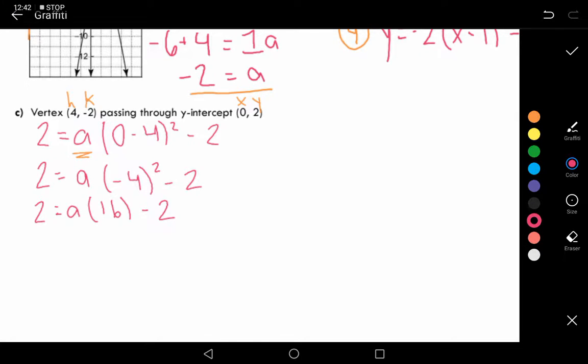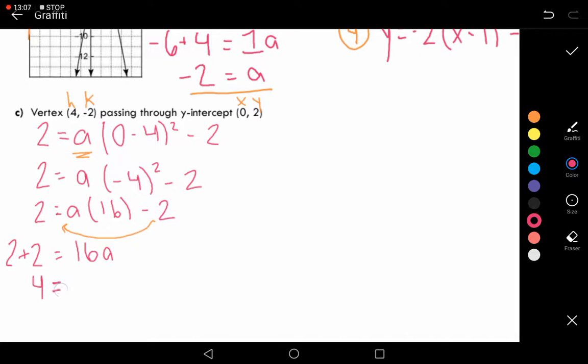Because that's not following BEDMAS. Technically, you have 16 times a before you would subtract the 2, okay? But just remember that we're moving that negative 2 over that equal sign, which means it will change signs, right? It was negative on the right-hand side, so when it goes to the left, it's going to become positive, and 16 times a is just simply 16a.